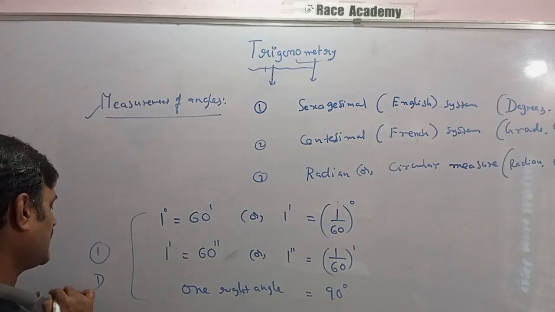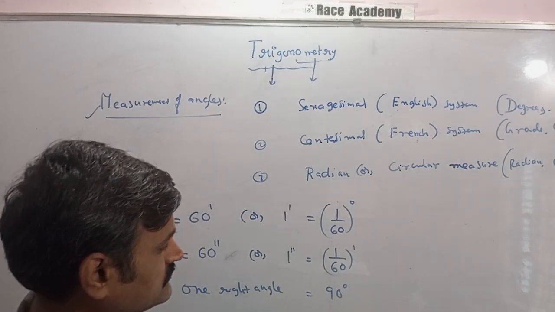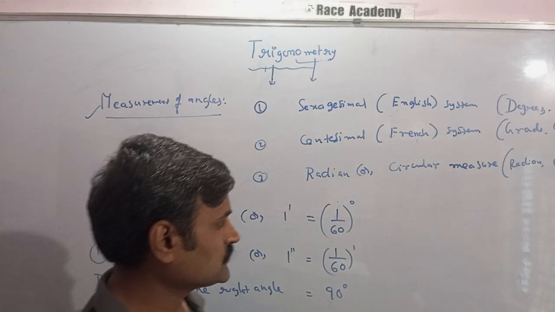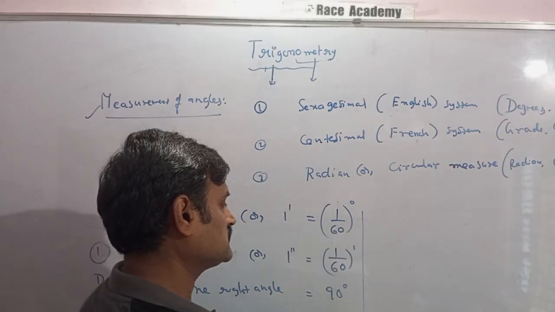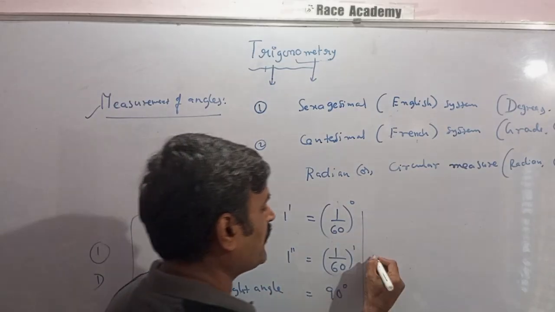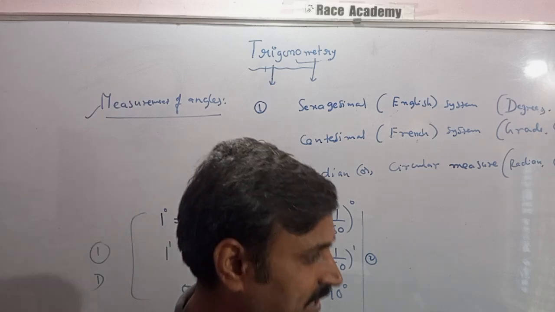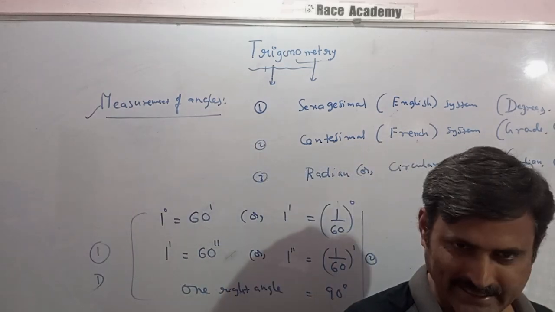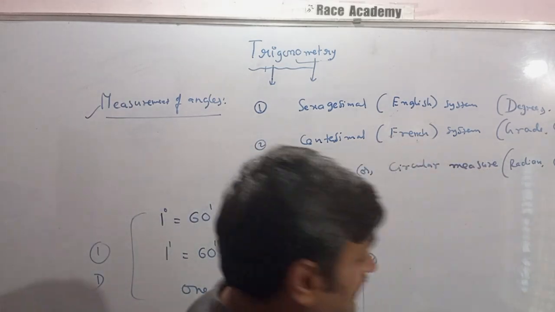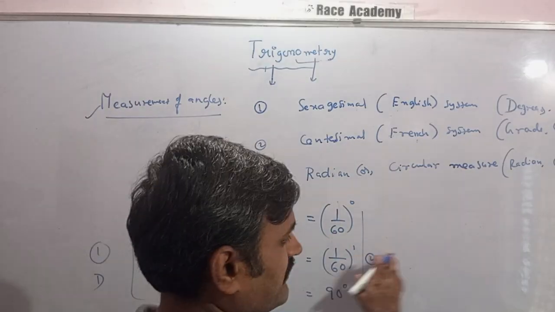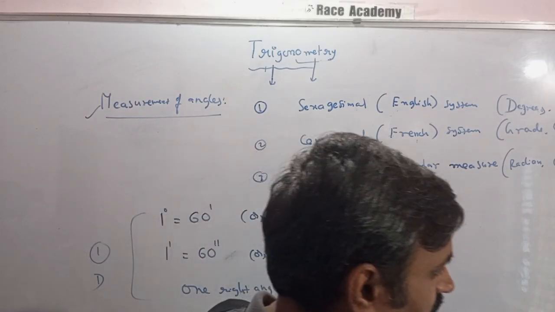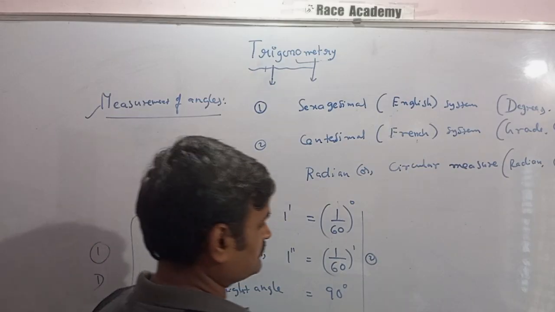That is the sexagesimal system, the degree system. Next, coming to the second one. In the grade system, a grade is divided into 100 parts. Each part is 1 minute.